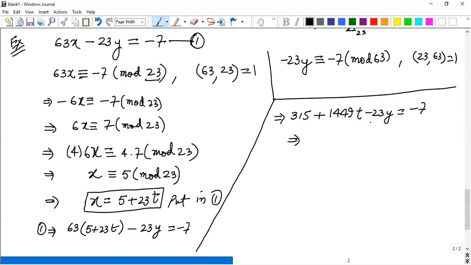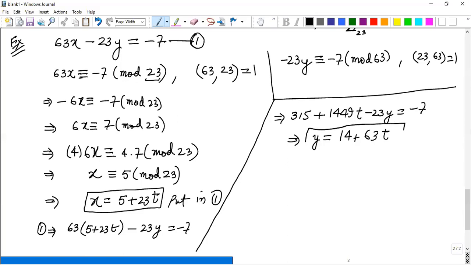Now you can bring negative 7 here, negative 23y here, and at the end you will be able to find the value of y, which is 14 plus 63t. So t is any arbitrary integer.